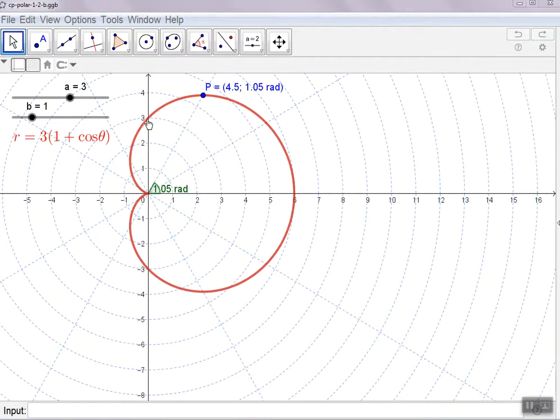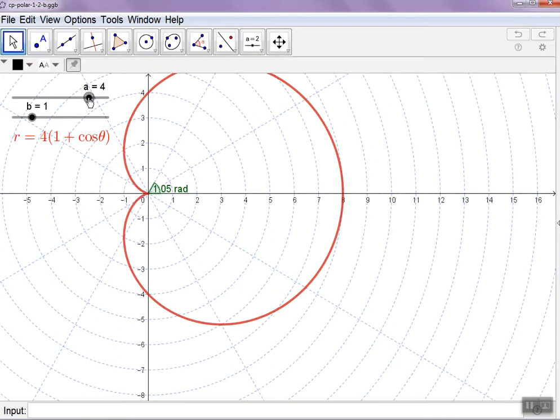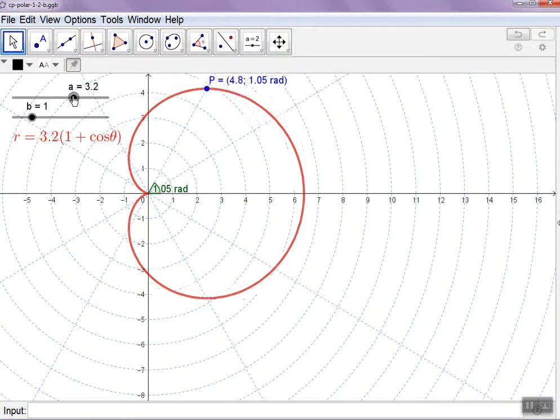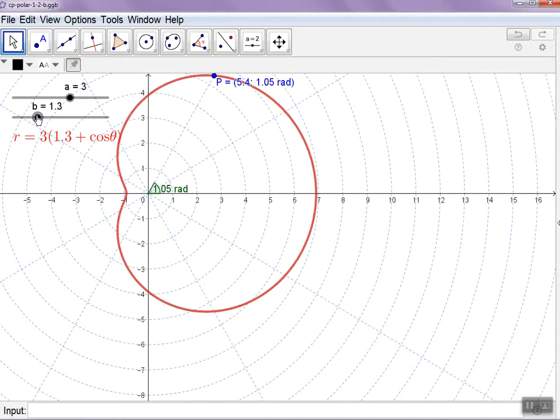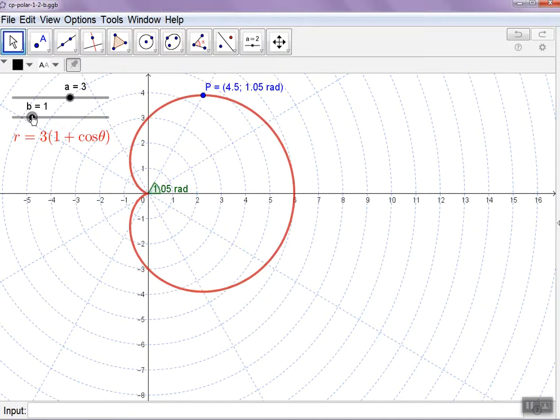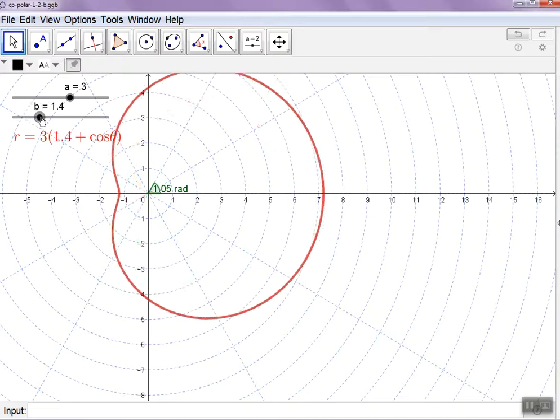So we noticed that r oscillates plus or minus 3 from 3. If we change a to, for example, 4, we can see it does the same, but plus or minus 4. Now if we go back to 3, have a look at what happens when we change b. We can see that changing b changes where the position here is. It also changes the shape of the curve.